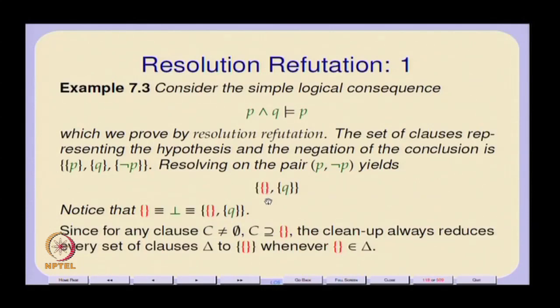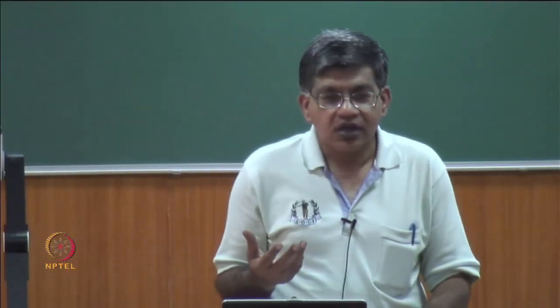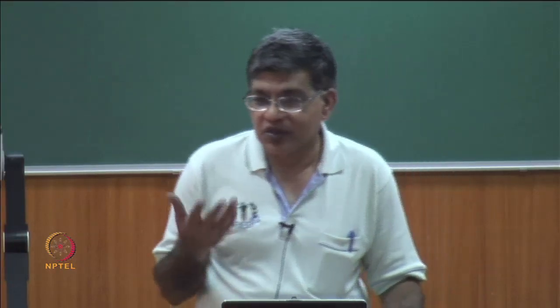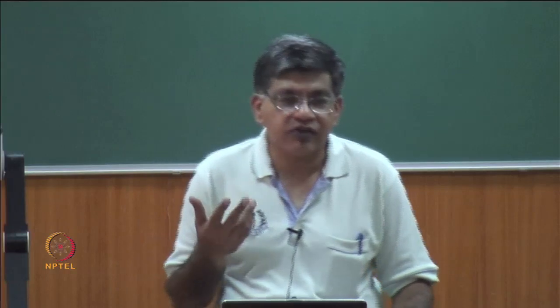And for that, your propositional resolution is complete. Which means all proofs by resolution are essentially guaranteed only if they are indirect proofs, I mean, only if you can derive the empty clause somehow.